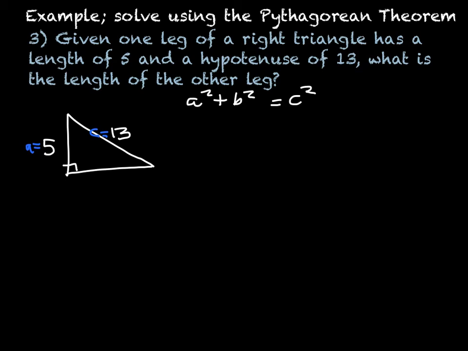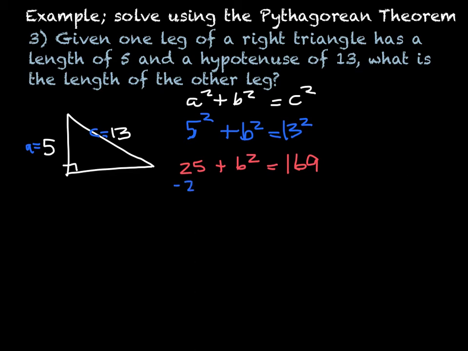So that would be 5 squared plus my b squared is my 13 squared. So I'm going to solve, and I get 25 plus my b squared equals 169, 13 squared.